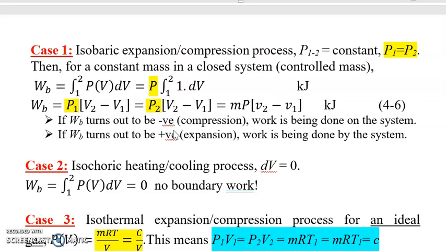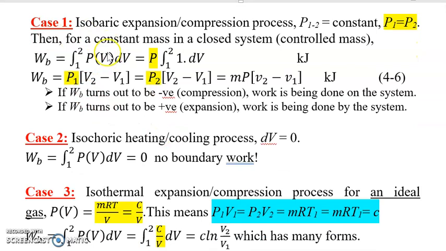Let's look at case 1 first. Isobaric expansion or compression, because we said P is a constant. So the initial pressure is equal to the final pressure. I've used 1 to indicate the initial state and 2 the final state. Then for a constant mass in a closed system, control mass, we have the boundary work given here.